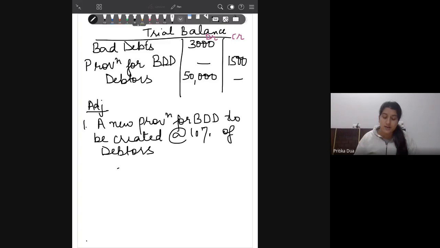So how to treat these items? I'll just show you both the treatment in the profit and loss account and the balance sheet.